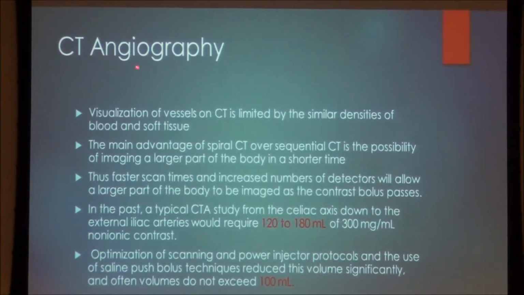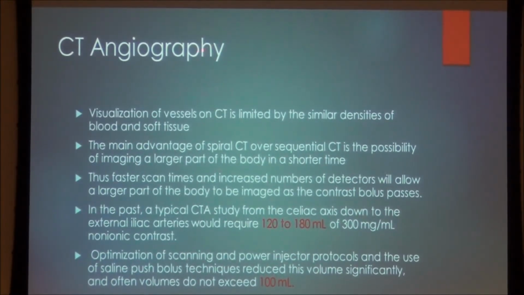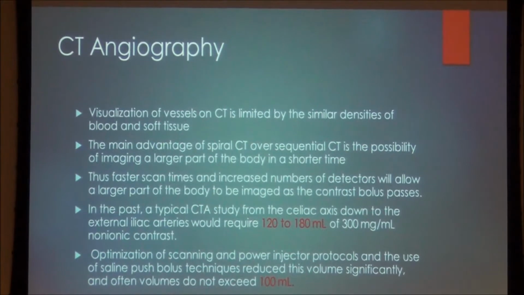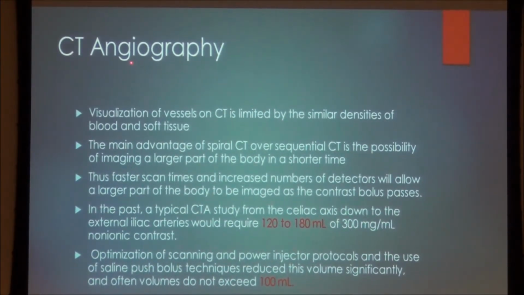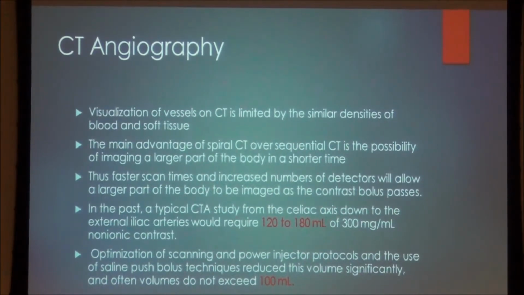In CT angiogram, we are basically looking at the arteries, for structures, narrowing, stenosis, or blockage. So a bolus of the contrast is given to the patient, and then the CAT scan follows the flow of the contrast in the arteries. That's why we see the arteries better.